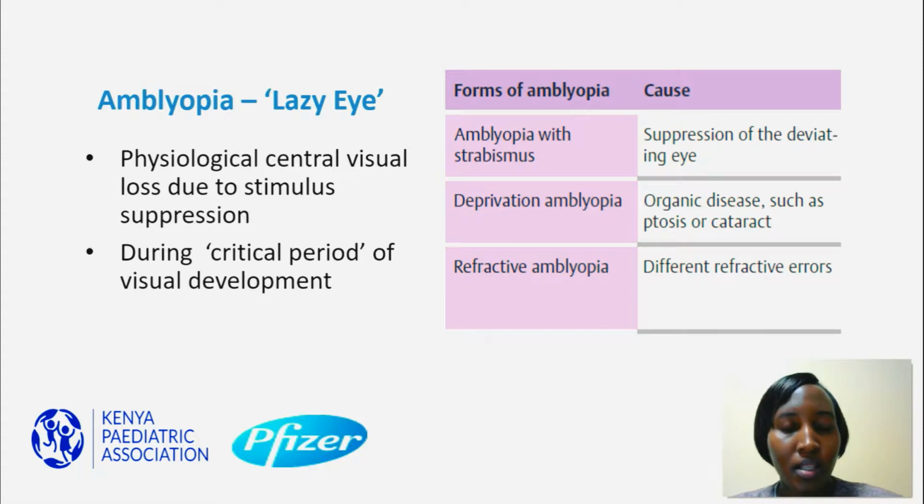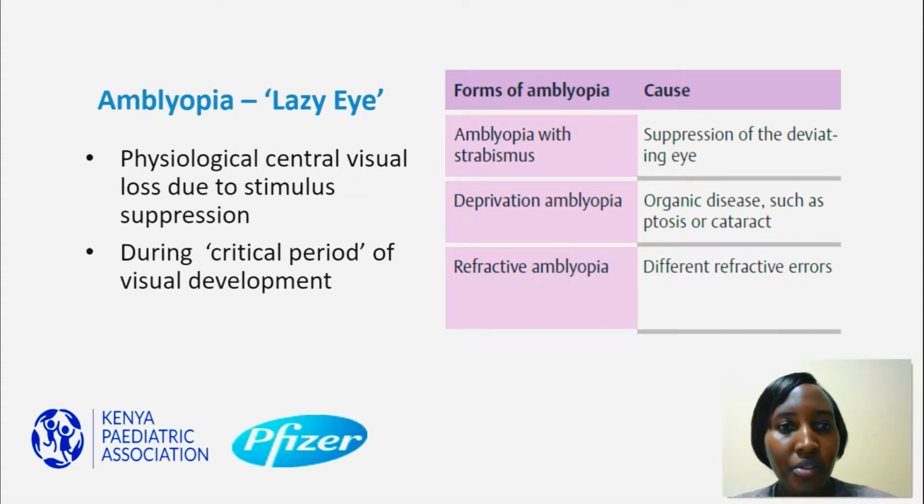What this means is that for eyes to continue developing normally during the critical period, you need stimulus of good integrity and almost equal integrity in the two eyes.